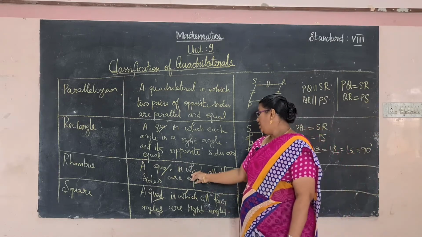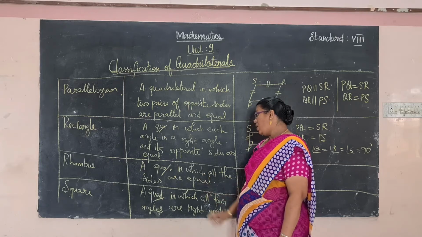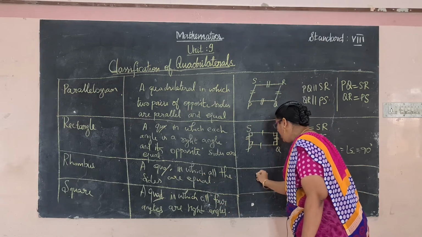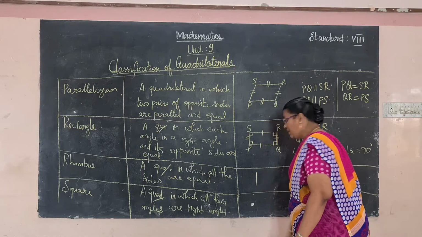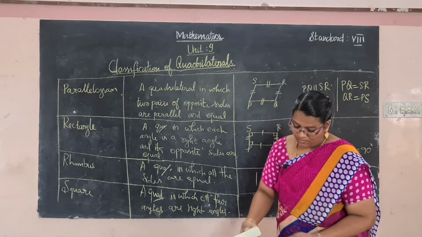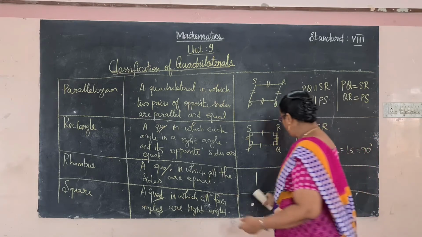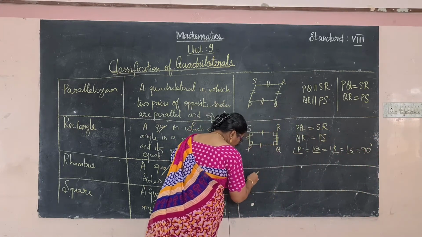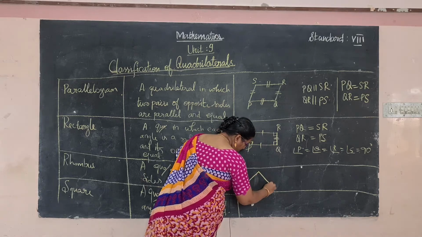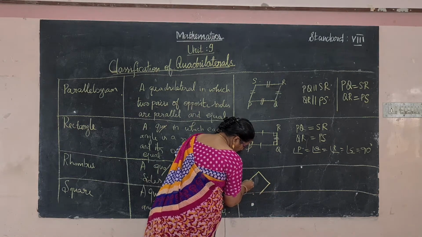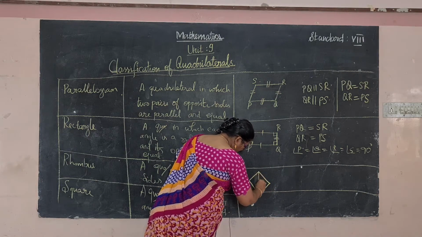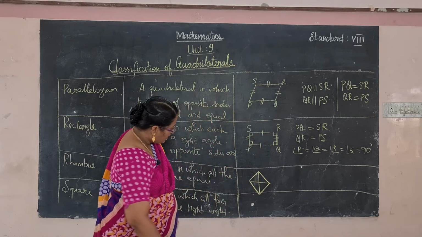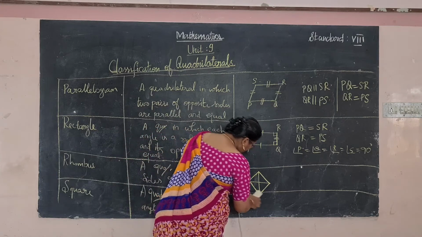Now move to the rhombus. A rhombus is a quadrilateral in which all the sides are equal. The diagonals bisect each other.